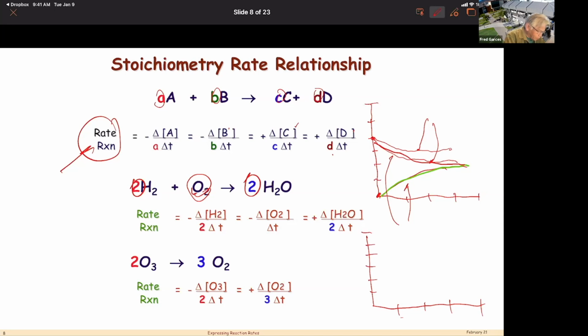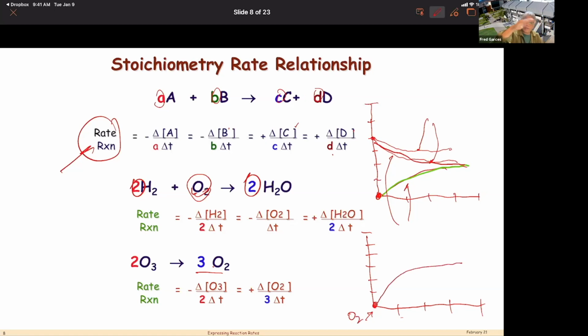Okay, so oxygen, you notice that this is going to be produced. The product will always have 0 before the reaction starts, and then it'll show up. So this will be O2, 0 as we start, and then it'll go up.